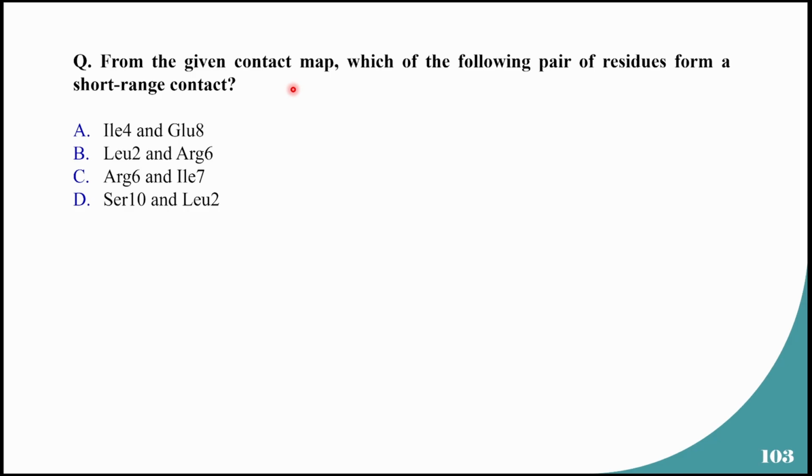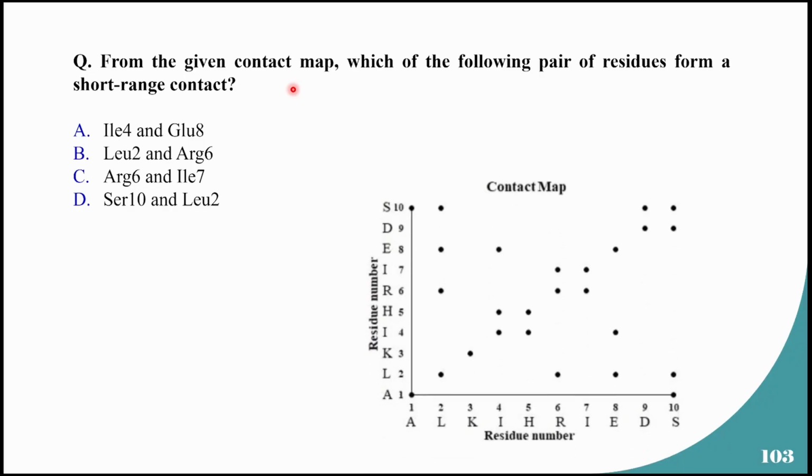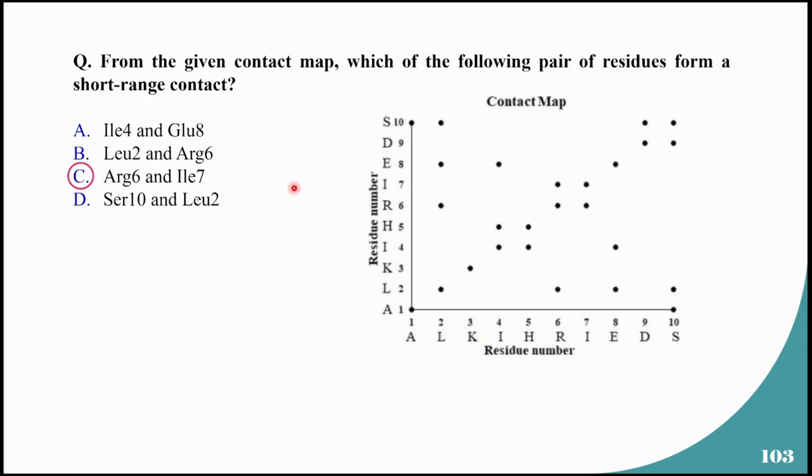As we saw earlier, depending on the formation of short range and long range contacts, you can find out certain things about the structure of a protein. So in this question, arginine 6 and isoleucine 7 are just one amino acid apart in the sequence. If they are forming a contact in the 3D space, then they must be forming a short range contact.